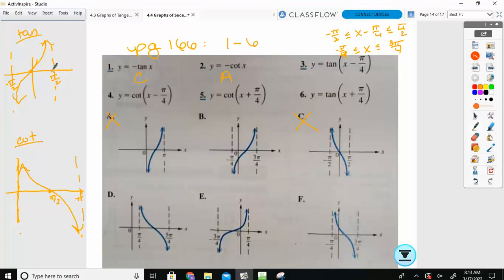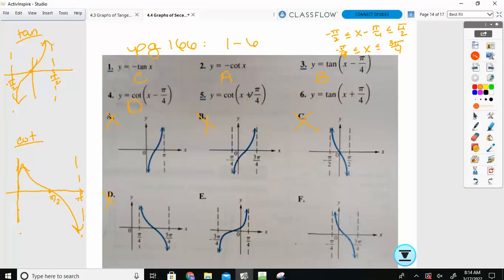So it should have this shape, should start at negative pi over 4 and end at 3 pi over 4. So which one is that? B. Okay, so this would move my cotangent graph pi over 4 to the right. So if you set up your interval, you'll get pi over 4 less than or equal to x less than or equal to 5 pi over 4. So it should look like this one, but just moved right pi over 4. So which one is that? D.